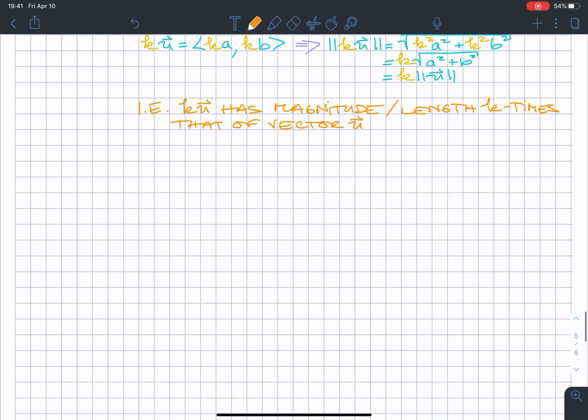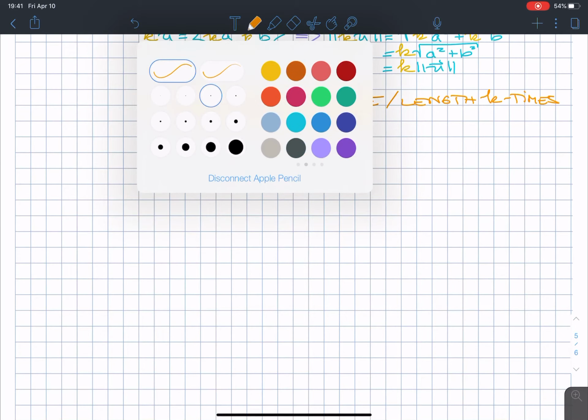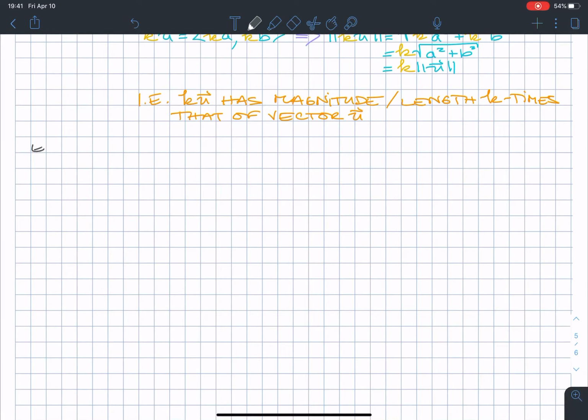So for example, let's let vector u be 2 comma 1 and vector v be 3 comma 0. So plot the following.